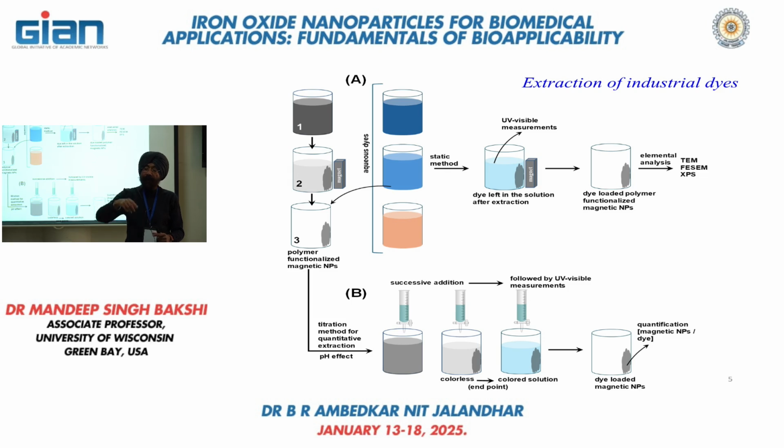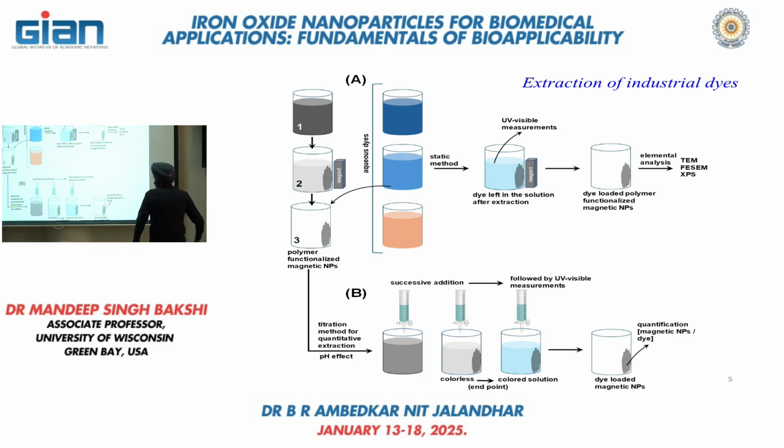We add 1 ml of dye, we shake it, and then we apply the magnet. All the magnetic nanoparticles are taken aside by the magnet, and then we pull the solution and measure the UV. Again, we put back the solution. Again, we add 1 ml of the dye solution. We perform the same thing.